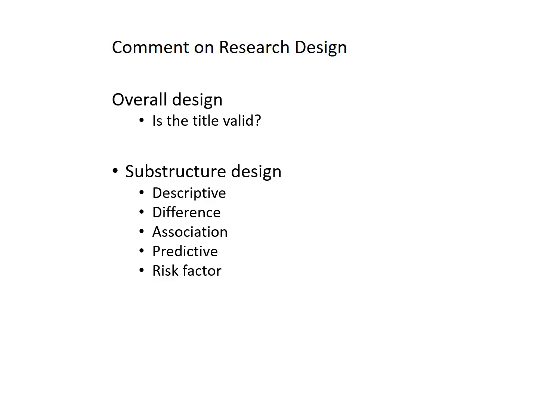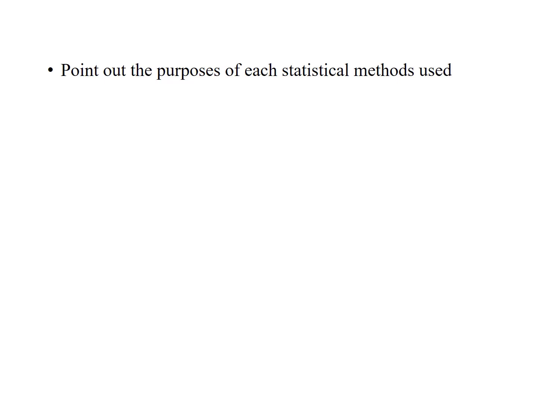You can work out a risk factor, and all those need to have appropriate research design. And you need to point out the purpose of statistics. This is normally in the method section. Over there you will find a section talking about statistical methods used.